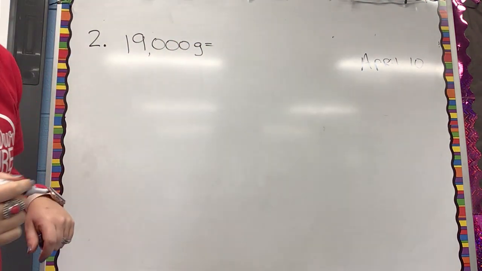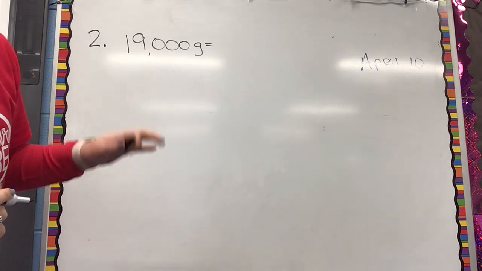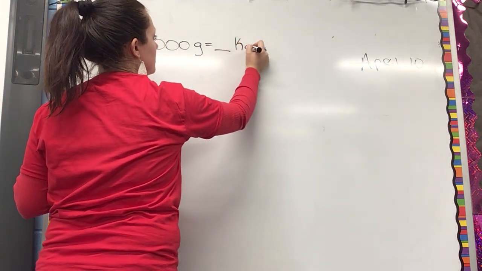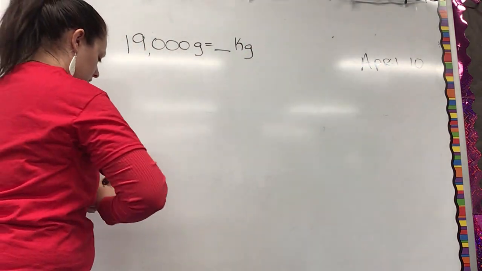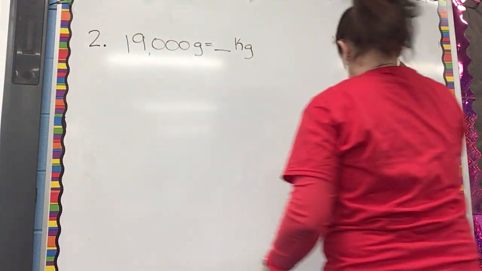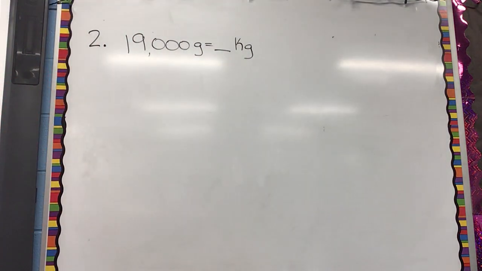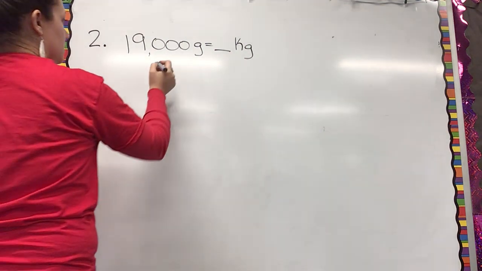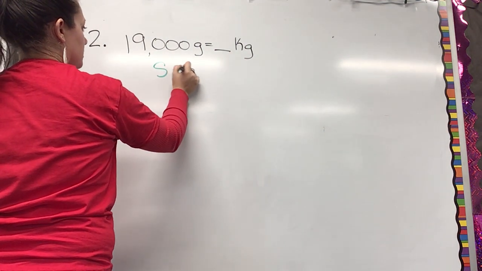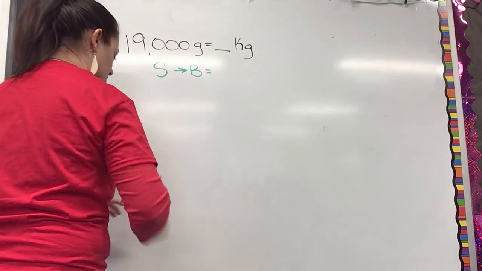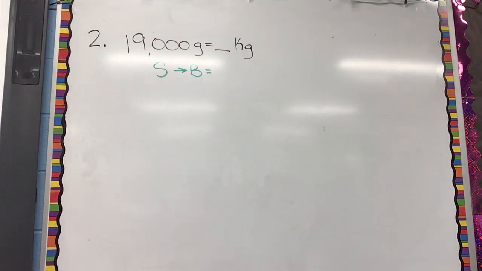And that's going to equal how many kilograms? All right, so am I going from big to small or small to big here? What kind of direction? Small to big. Small to big. I want you right now to go ahead and finish this problem on your own.